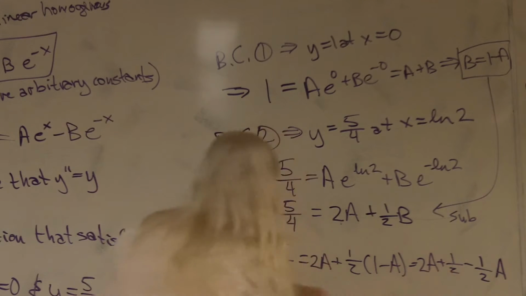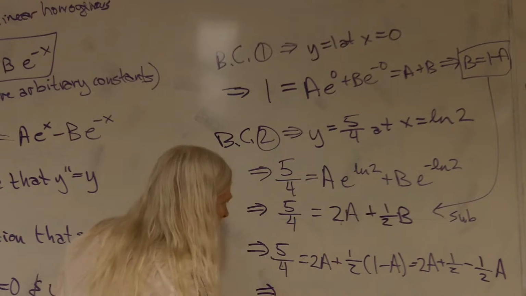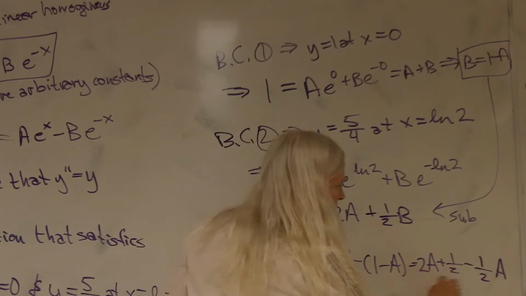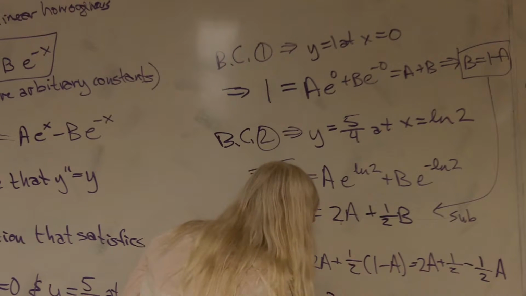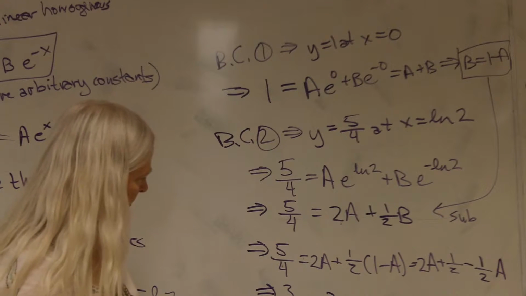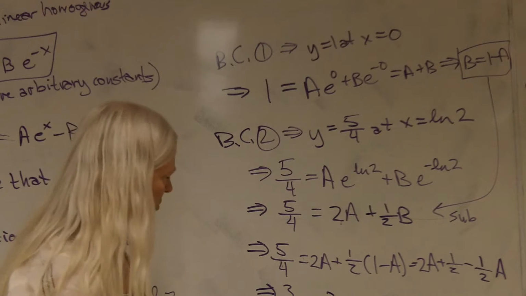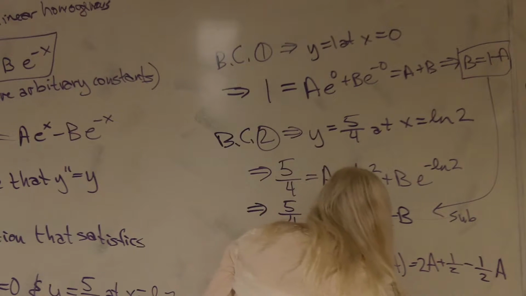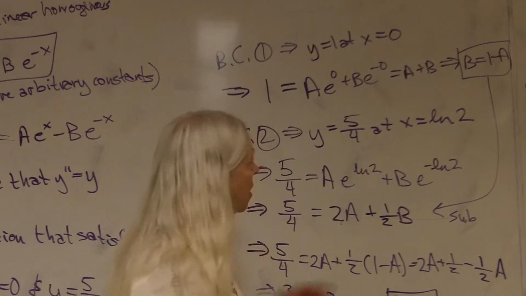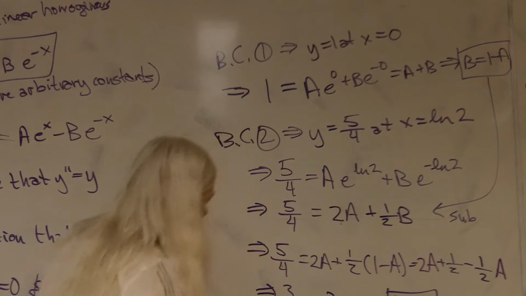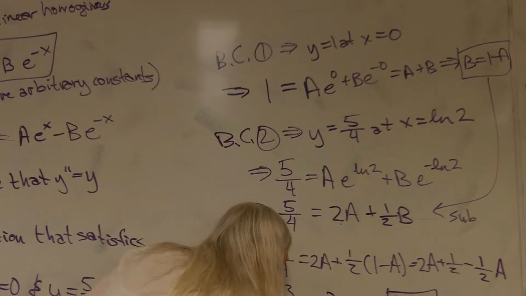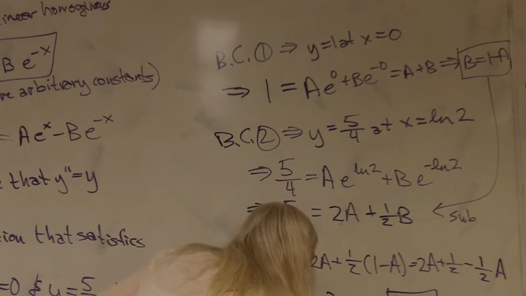If I subtract that 1/2 from both sides, we get 3/4 equals 2a minus 1/2 a, which is 3/2 a. So a is 3/4 divided by 3/2. In other words, a is 1/2. Well, then b equals 1 minus a tells us what b is. So then b is 1/2.